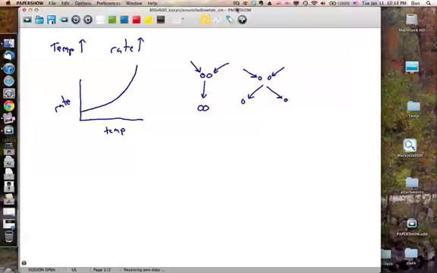So what is required is some minimum amount of energy, some sort of threshold energy. This minimum amount of energy required for a reaction to take place is what we call the activation energy.